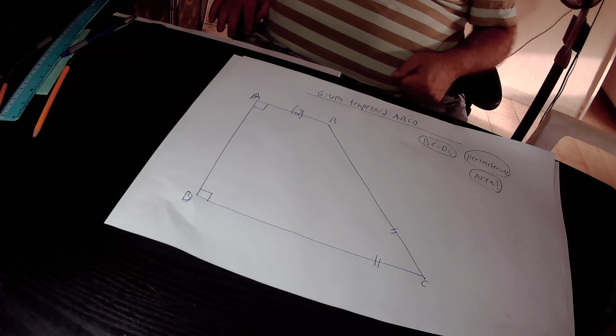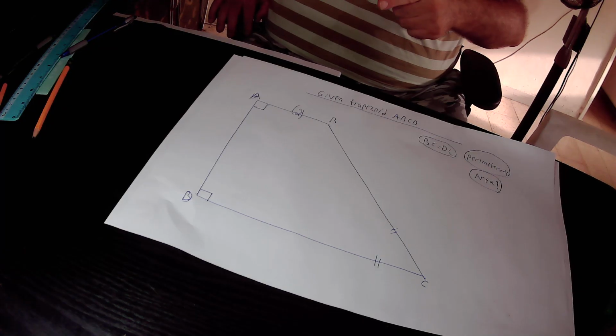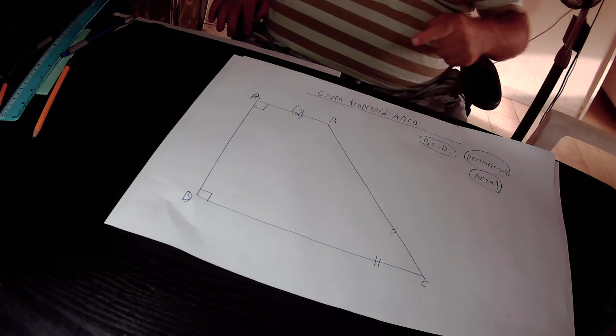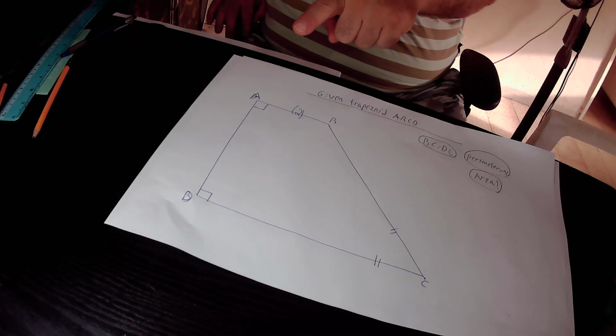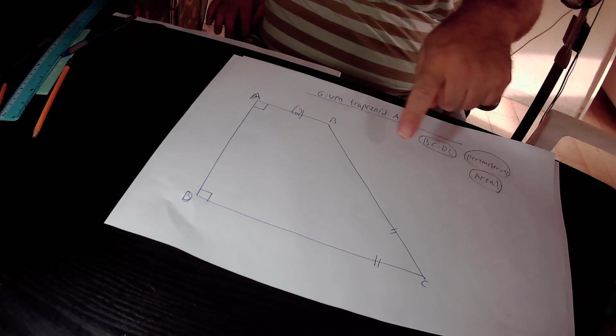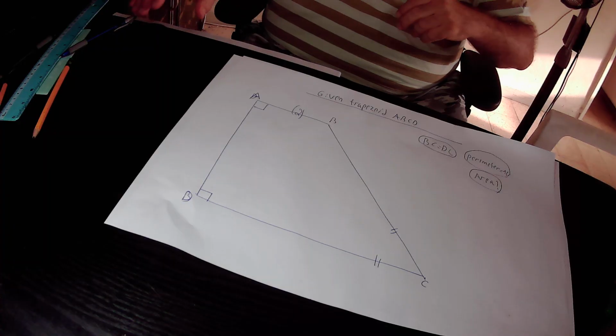Okay, so we know that the perimeter of this trapezoid ABCD is 16. That is to say, AB plus AD plus DC plus CB in total is equal to 16 units. So I write it down.